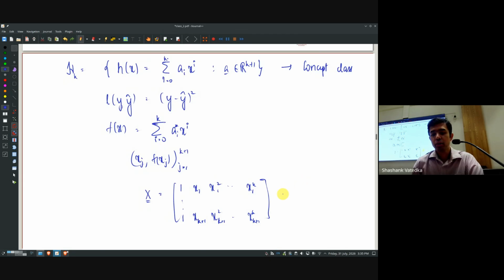And the following vector, let's call it a, which is a0, a1, up to ak.